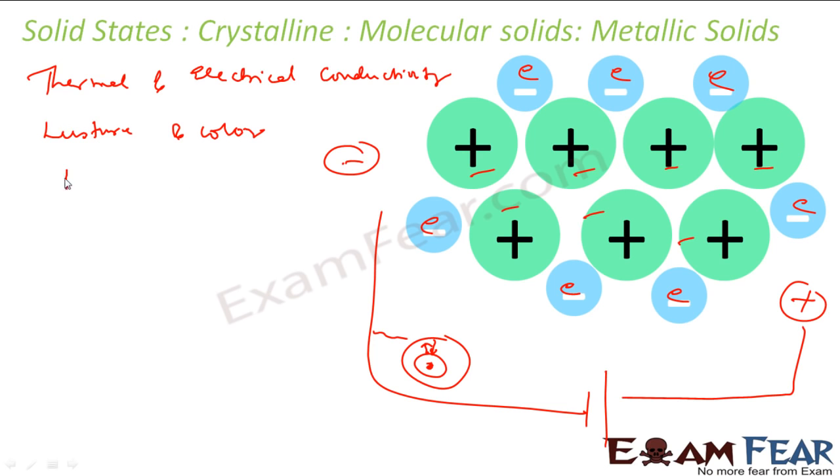Now let's talk about malleability and ductility. It is malleable and ductile, right? Malleable, you can beat it into sheets. Ductile, you can make a thin wire out of it.